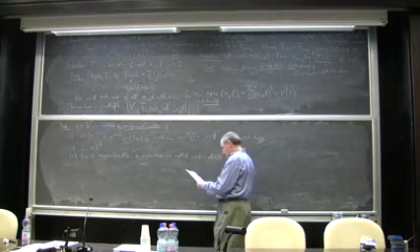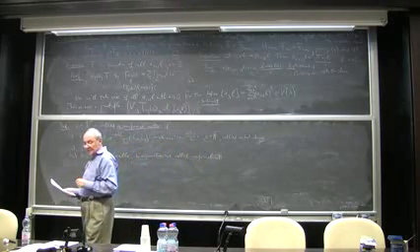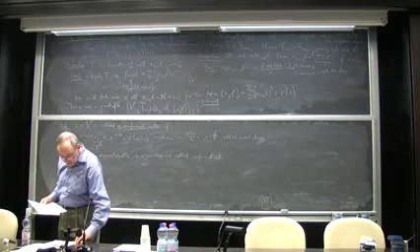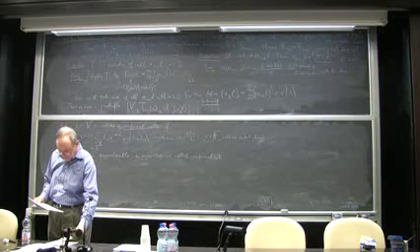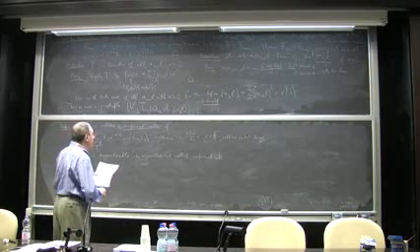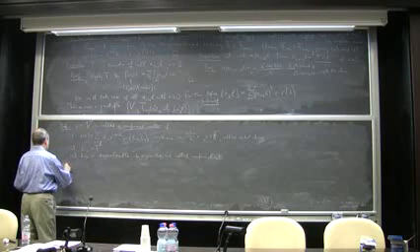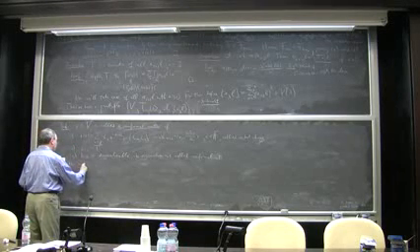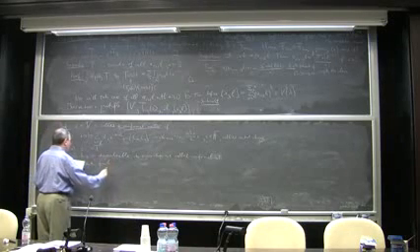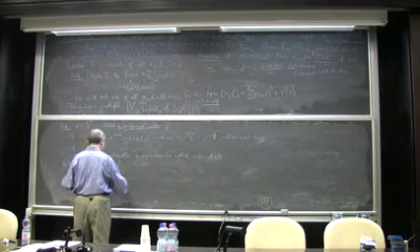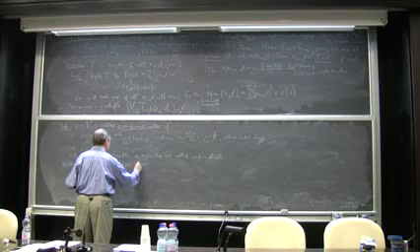First of all, let me say the commutator formula: the commutator of L of Z with A of W.